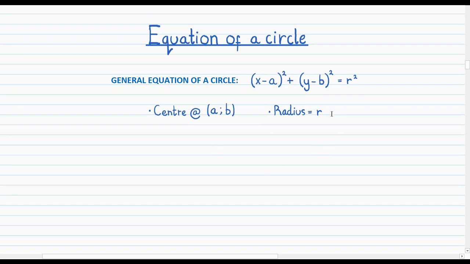So putting all this information together, the general equation of a circle is x minus the x coordinate of the center point of the circle, squared, plus y minus the y coordinate of the center point, squared, is equal to the radius squared.